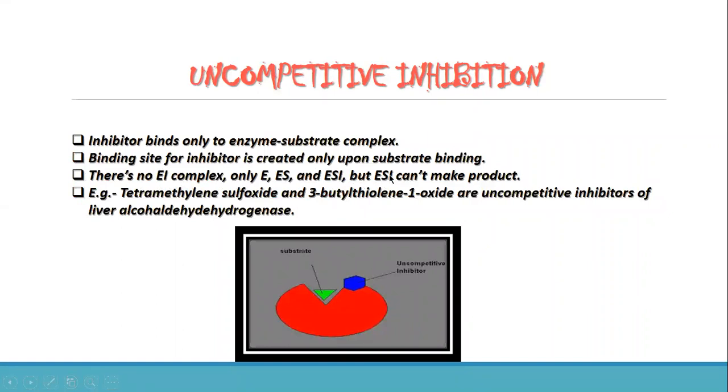But the enzyme-substrate-inhibitor complex cannot make a product. Example, tetramethylene sulfoxide and 3-butyl thiolene 1-oxide are uncompetitive inhibitors of liver alcohol dehydrogenase.